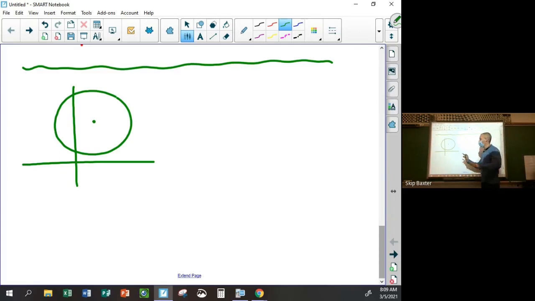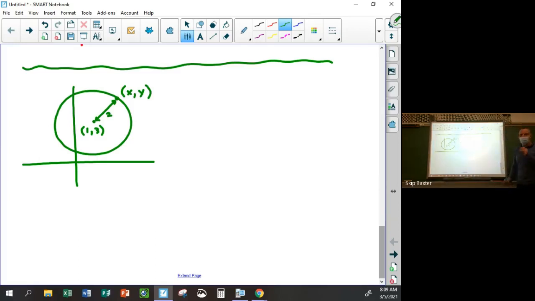I'm just making this problem up. And let's suppose that the radius of the circle is 2. So let's say this distance right here is 2. And let's say this is just a random point that's on the circle. I could have labeled it anywhere, and its coordinates are x, y.